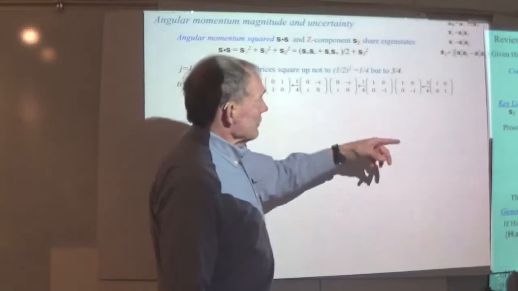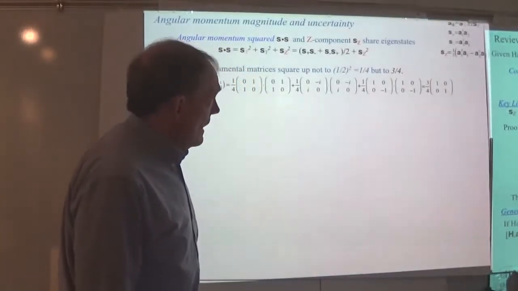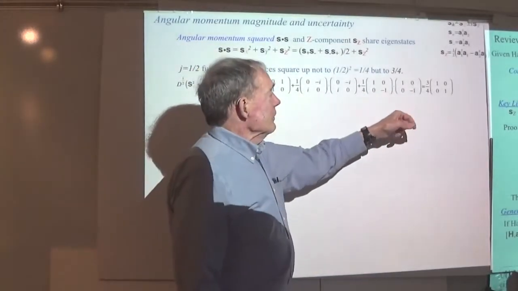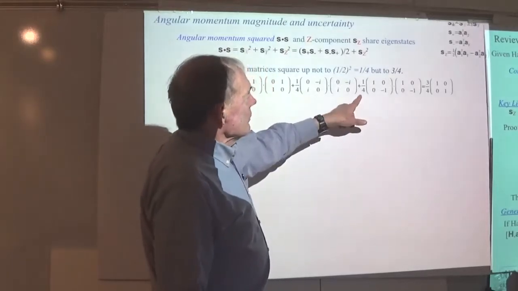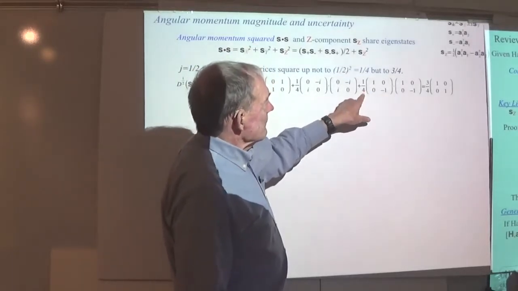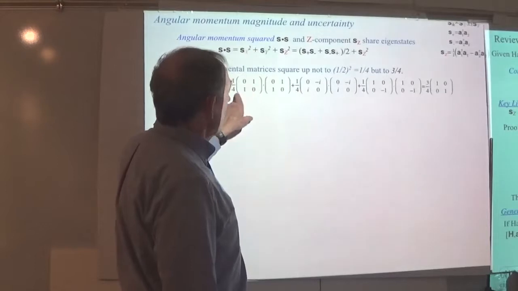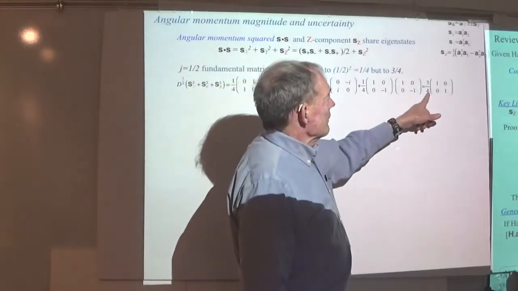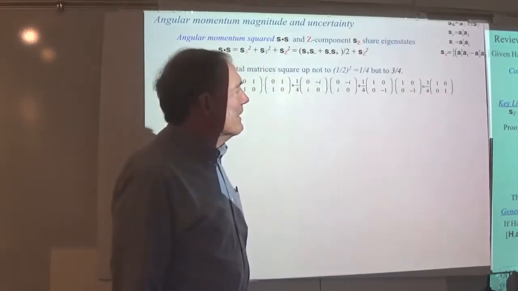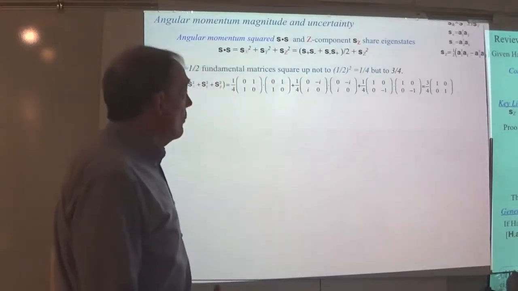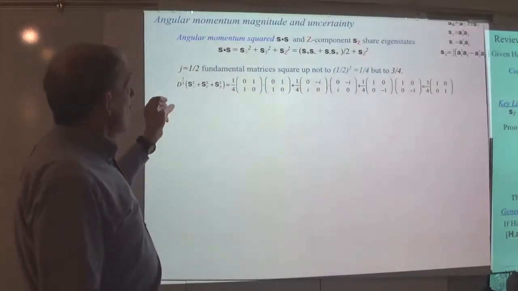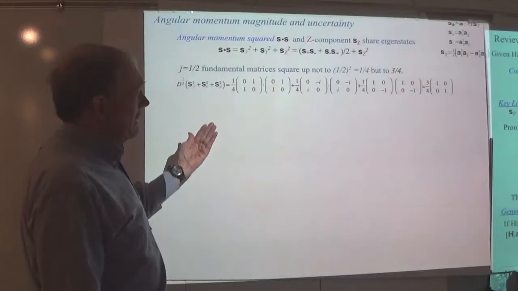So that's the notation that we're using here. And the square of each of these is just a unit matrix. So the 1/2 that's multiplied them, each of them comes out as a 1/4. So you see what we get here, 3/4 for a square of any spin in any particular direction.